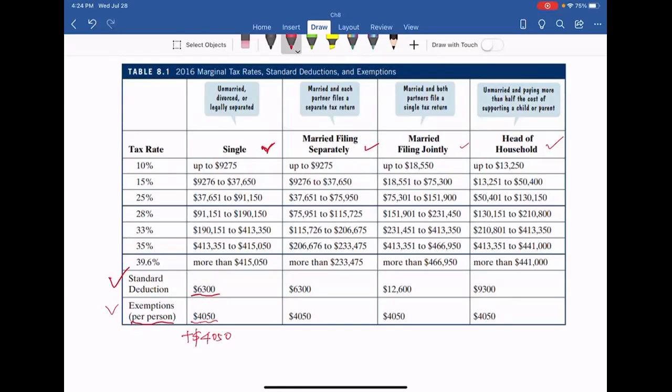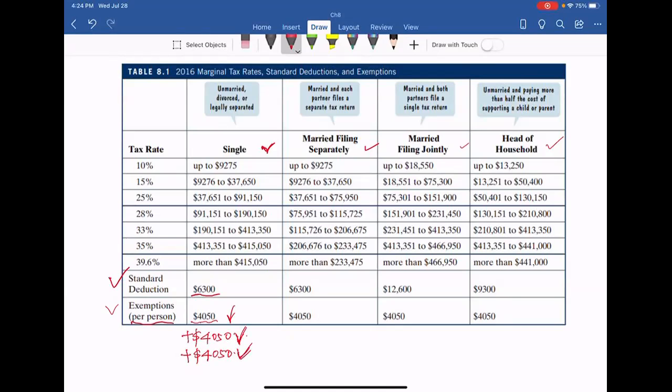If you have 2 dependents, you need to add 2 times 4,050. So if you have 2 dependents, you need to have this and this and this amount of exemptions.